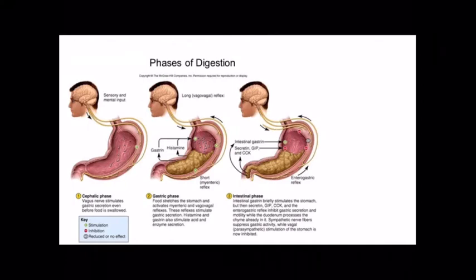the gastric phase. So we eat, let's say, and we put food in the stomach, and that starts the gastric phase. The stretch of the stomach wall says to the body, hey, there's food in the stomach, and that starts feedback communication within the nervous system about what's happening here.